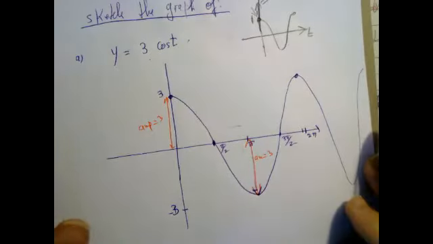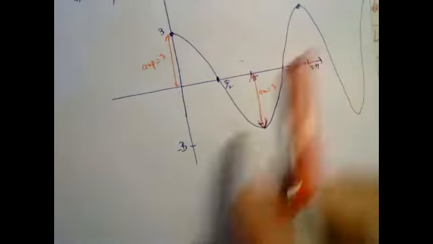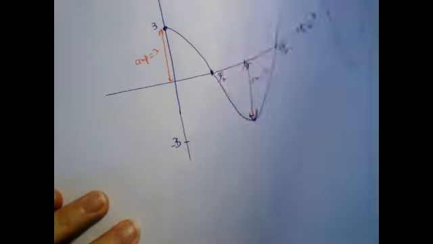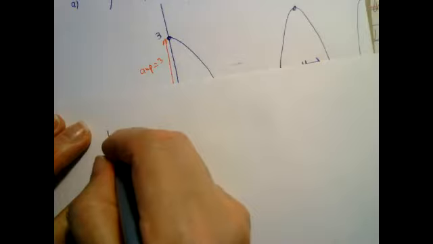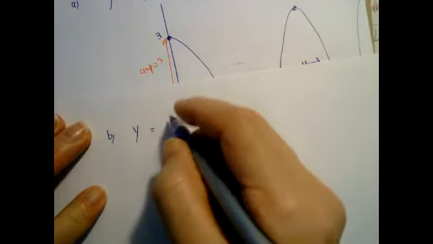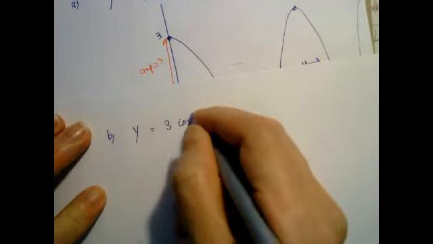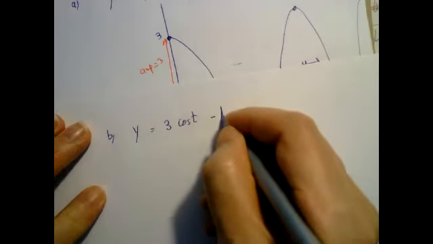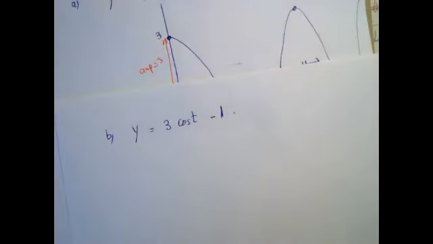Okay. B, I will only do one more. Suppose I do something to the 3 cosine, and I take b to be, let us say, y equals 3 cosine t minus 1.